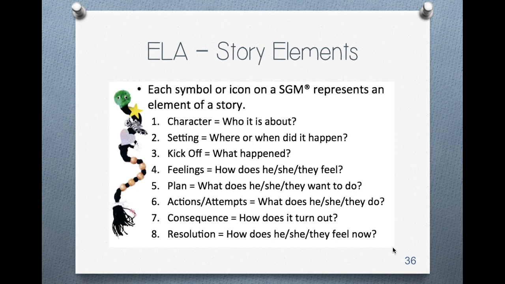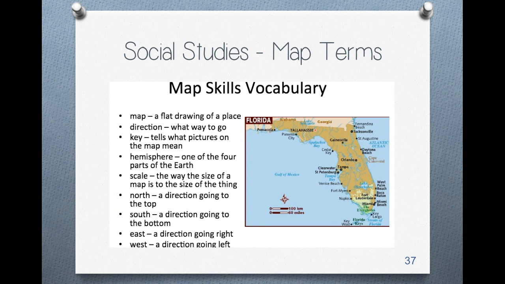Again, you can look at some of the specifics, but I really just want you to get the idea that even something as complex as these high school curriculum examples, if you use a good process, are accessible. Here's a great one on map skills. And you can see going up top, going down bottom, left and right, what way to go. Those are simple core words that we can use to talk about the social studies map terms.